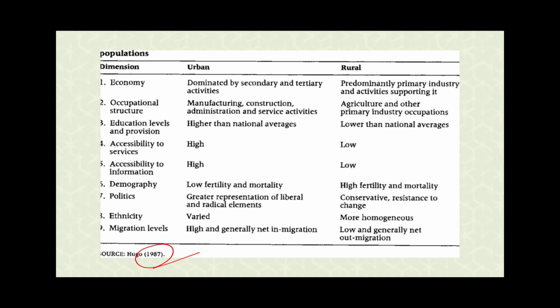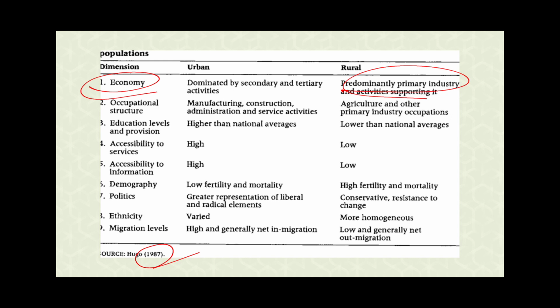So, for example, in terms of the economic dimension, urban communities are dominated by secondary and tertiary activities, meaning we work with products and services that are already intermediate to finished product levels, compared to rural areas wherein the activities are really primary, so really agricultural, very domestic, right? So those are the main differences.